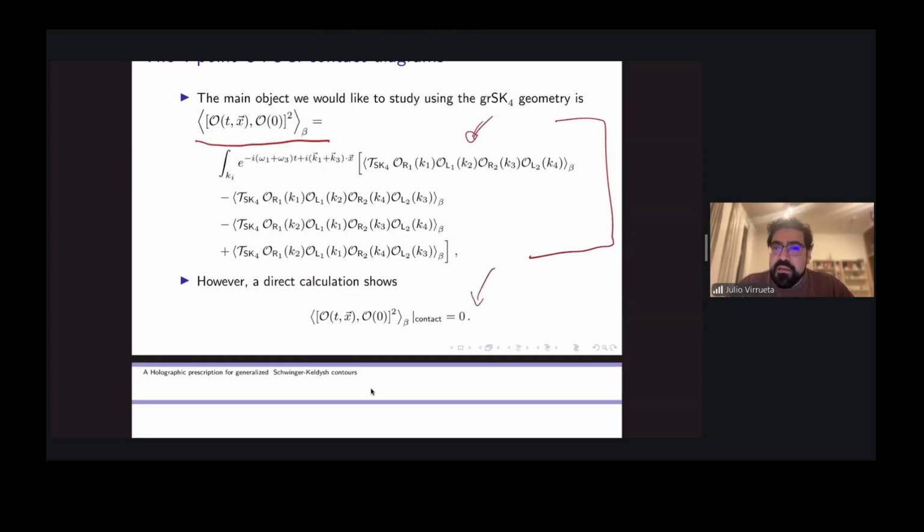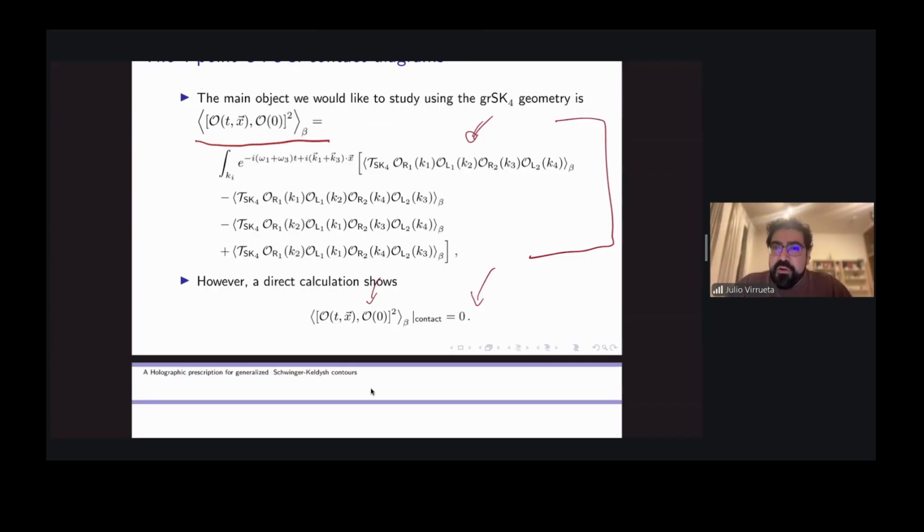It's a bit counterintuitive at first, at least, but then if you think about it, it kind of makes sense. This object should know about the fact that you are now really in a fourfold geometry, right? You're not just in disconnected copies of the twofold. This object should really not be capturable by normal Schwinger-Keldysh.